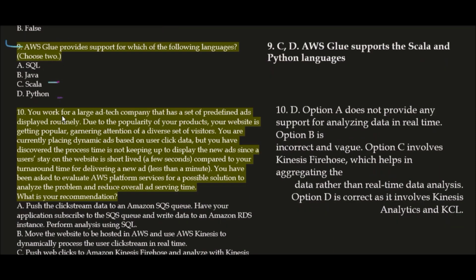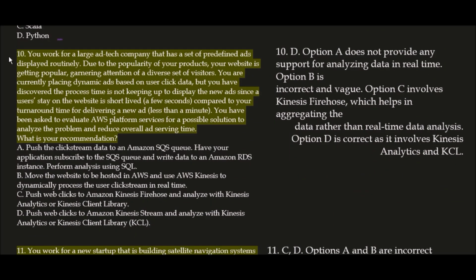Okay. Next question. You work for a large ad tech company that has a set of predefined ads displayed routinely. Due to the popularity of your products, your website is getting popular, garnering attention of a diverse set of visitors.